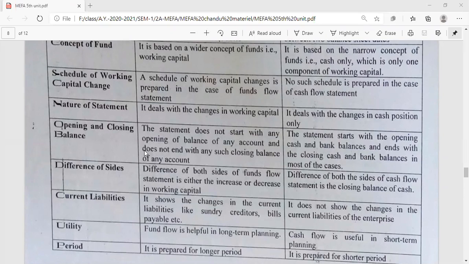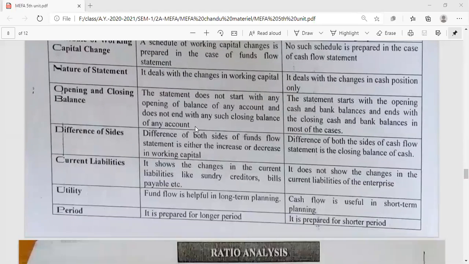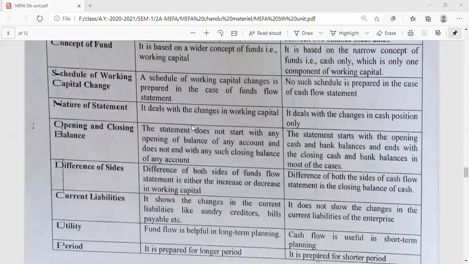When we go with the period, the fund flow is prepared for a longer period, but the cash flow is prepared for a shorter period of time only.